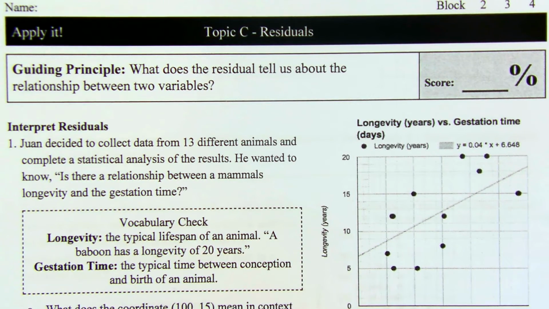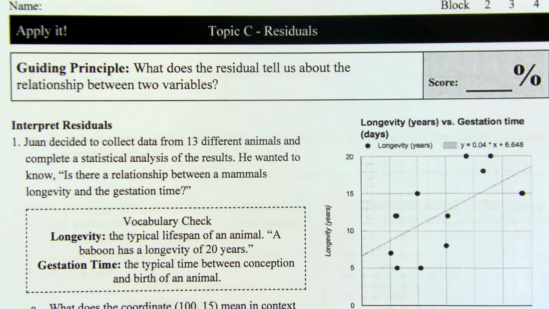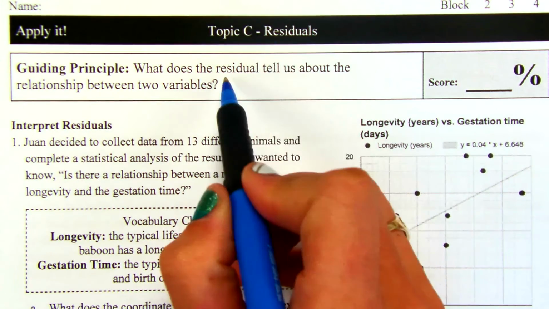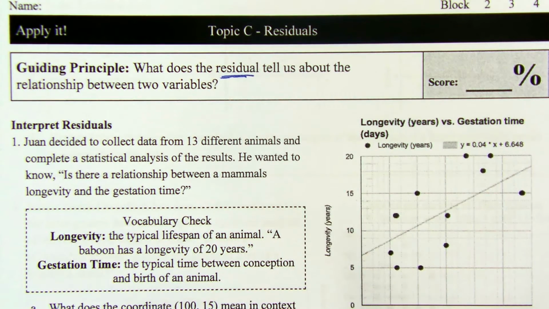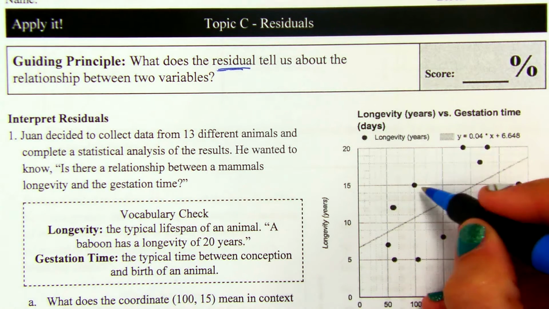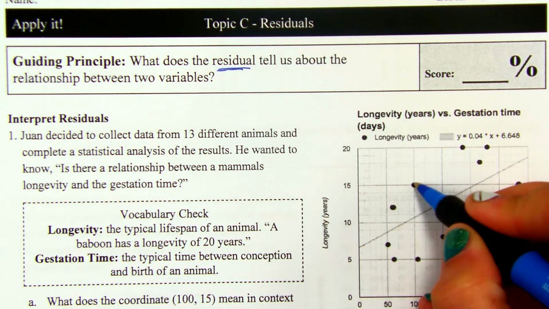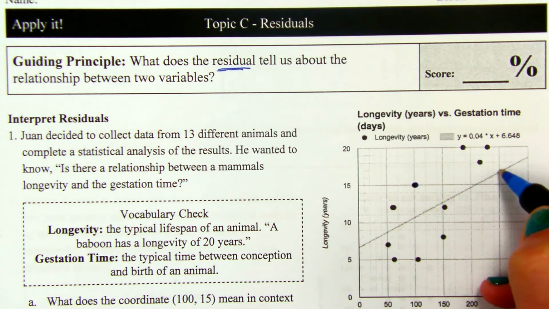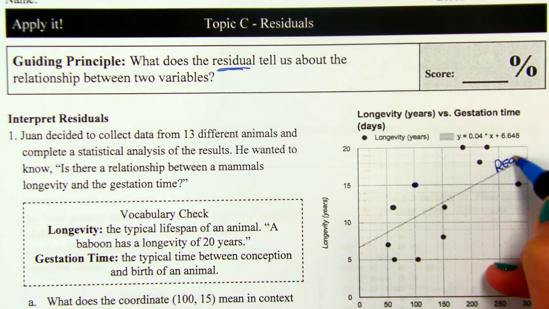Alright, so today I'm going to model how to do question number 1 on topic C, residuals, and just remember that our general guiding principle is what does the residual tell us about the relationship between the two variables. And as a quick reminder, the residual is the distance between the actual data point and the regression model.